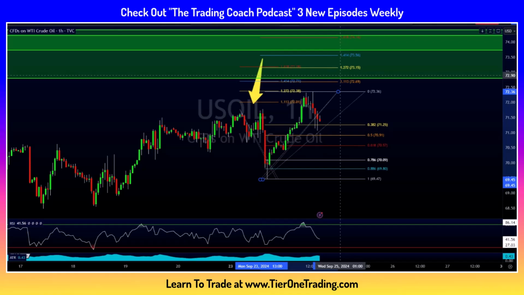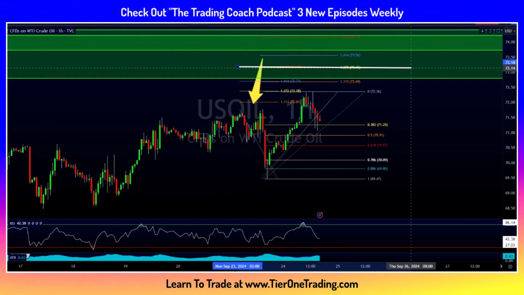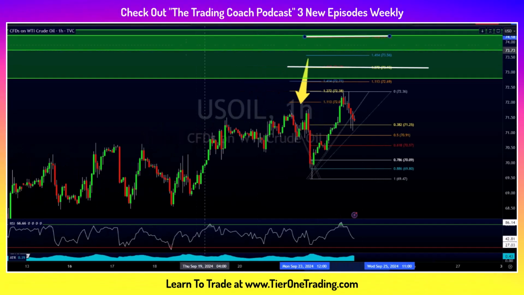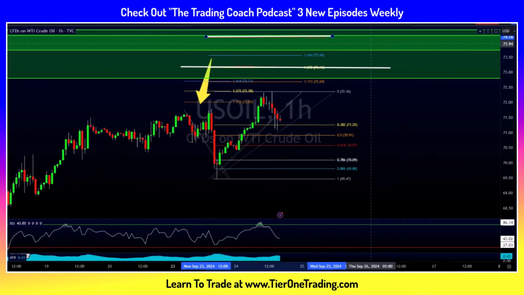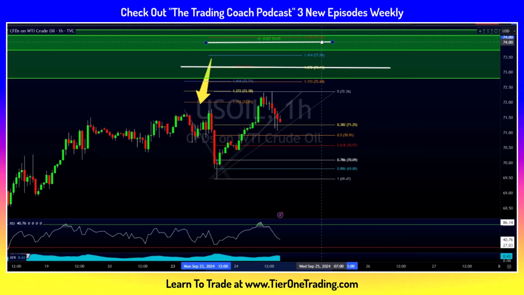And you can see a nice little area of confluence where that 127 extension lines up right with the 1618 inversion, giving us a really nice level for target one. And we have that 1618 extension up here as well at the very top of that zone too, which can play for a nice target too. I would actually put this down a little bit to 74 even. I have to think about psychological numbers, but up in that area, we have confluence as well.